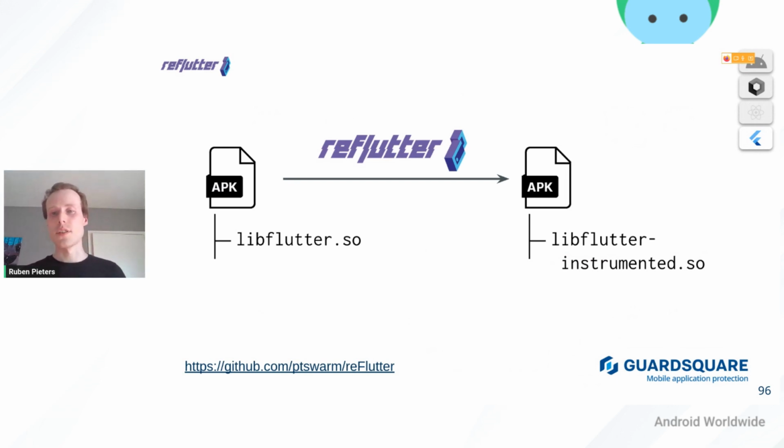It's a Dart snapshot format, so it's not as easy to reverse statically. And reFlutter is a project someone created to make this process easier. There are several pre-built modified Flutter engines, and then the reFlutter command line utility will repackage your APK and put this modified Flutter engine inside of it.